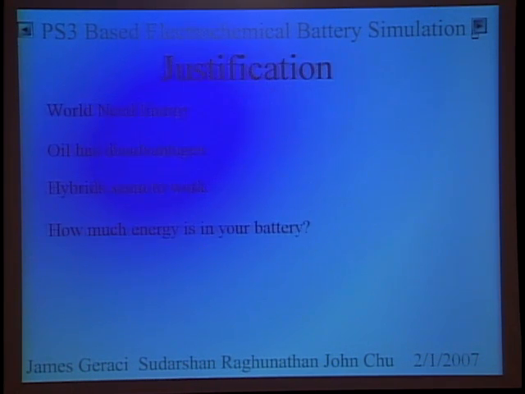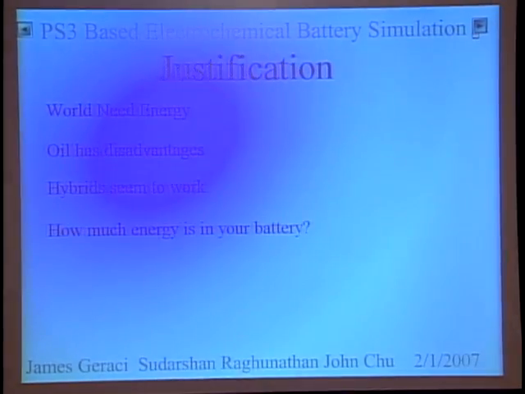Okay? So the justification is basically that the world needs energy. Oil has been in the news a lot and hasn't been as reliable a source of energy as we'd like. In the automotive industry, hybrids seem to be part of the solution. One of the problems with hybrids is how much energy is in your battery.